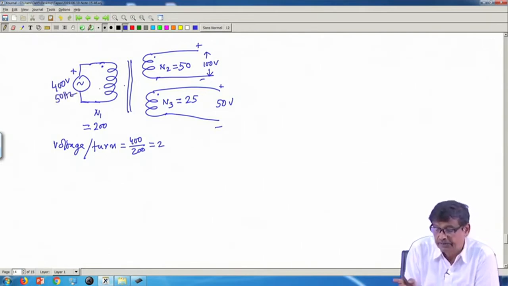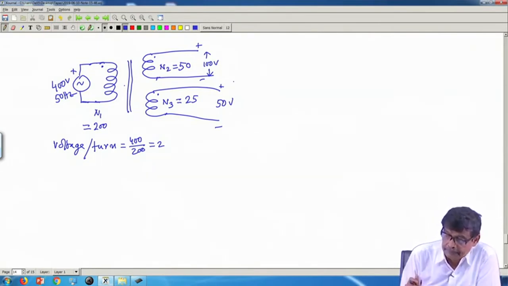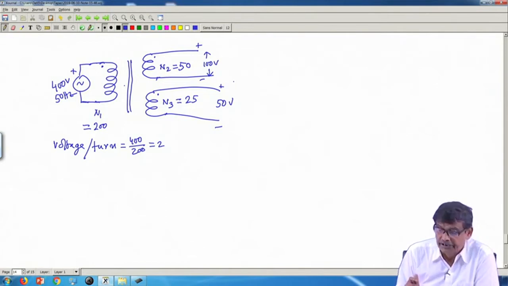These are the dots, and the secondary terminals are open circuited. So, I can now supply two loads, one load demanding 50 volts and another load demanding 100 volt. The question is, when you supply loads, how do I calculate the primary currents?